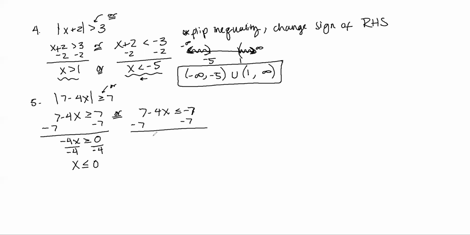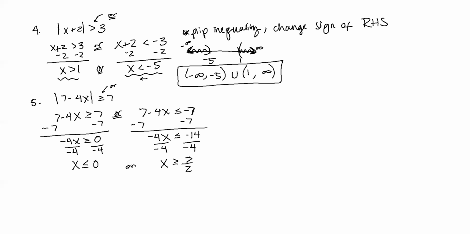We get -4x is less than or equal to -14. Divide both sides by -4. And we get x is, we divided by a negative, so we'll flip. And a negative over a negative is a positive. And I'm going to reduce this down by 2. So we get 7 over 2.